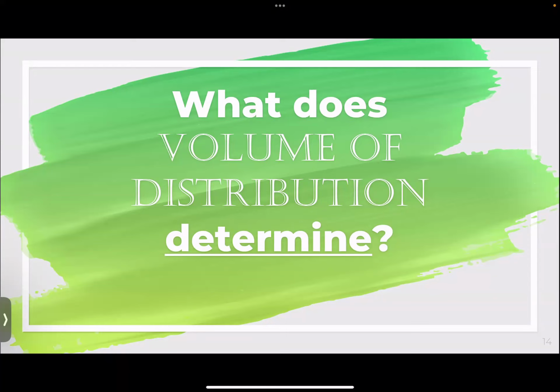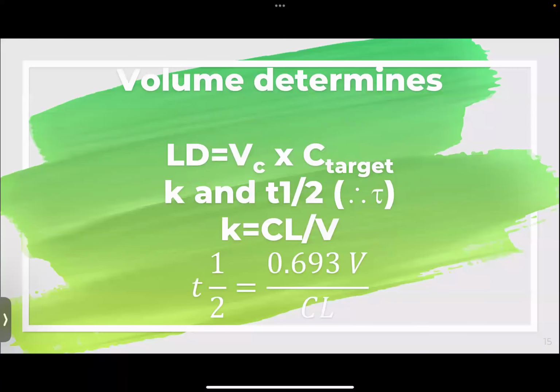Does that make sense to everybody? Is this all coming back pretty quick? Hopefully, if you learned it well the first time, you're probably like, move on, we've already got this. Your central volume of distribution is also going to be a determinant of loading dose.